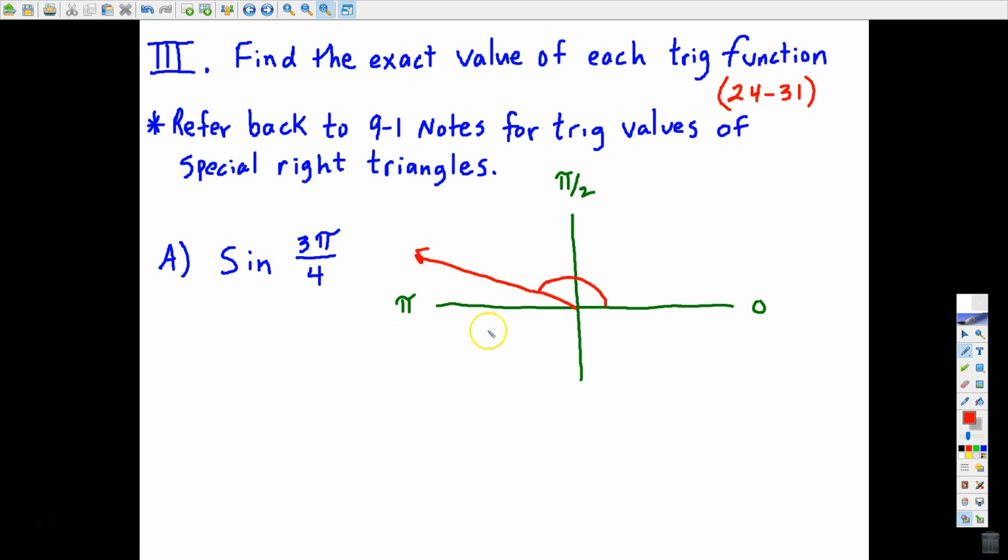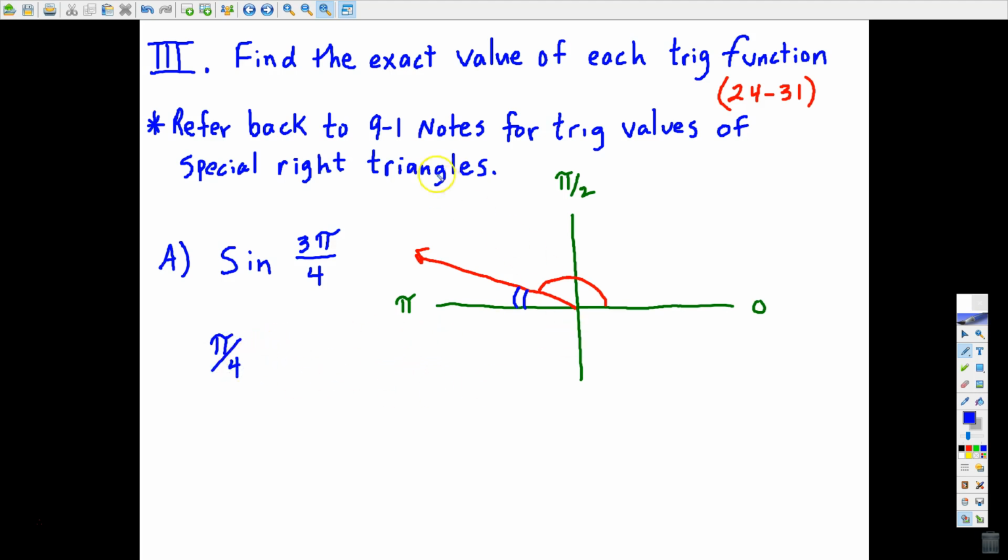So the way we're going to answer these is use this idea of reference angles, because those are usually pretty common. That's why those special right triangles are so handy. We can use the reference angle pi over 4.